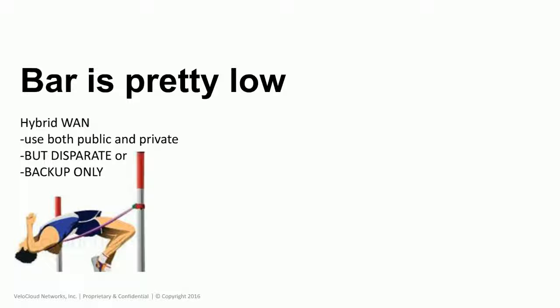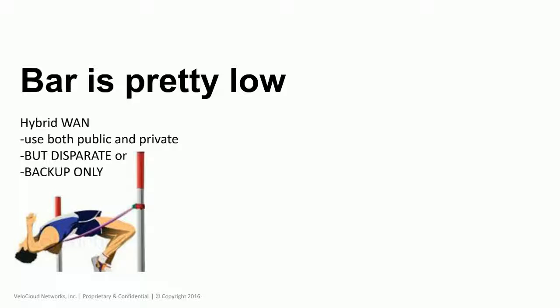All right, so hybrid WAN is simply, as I mentioned before, one that uses both a public and a private circuit. But in effect and historically, these could actually be totally disparate networks. How often do you see, and I've seen, private networks for corporate traffic and point of sales, and then a totally separate broadband circuit that's reserved just for corporate web browsing, or maybe even just reserved for guest or client Wi-Fi.